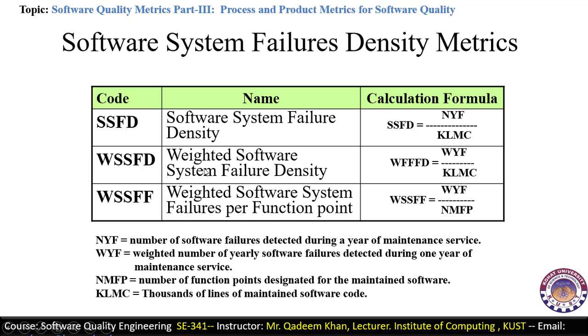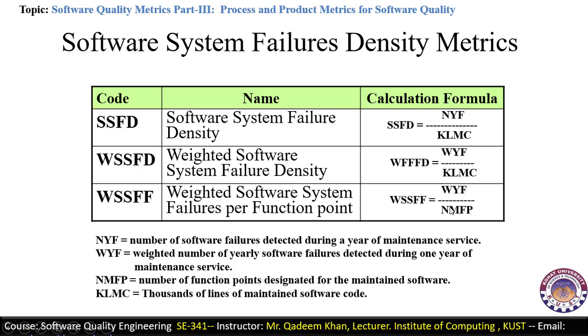So weighted software system failure per function point is equal to WYF divided by NMFP, while WYF is equal to the weighted number of yearly software failures detected during 1 year of the maintenance services. So this is in fact the same as the value in the above metric, while here the divisor is NMFP, which is the number of function points designated for the maintained software.